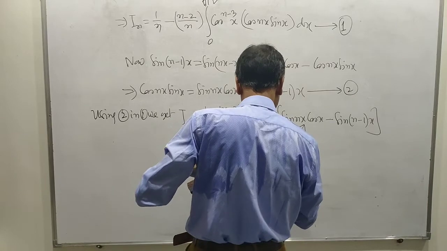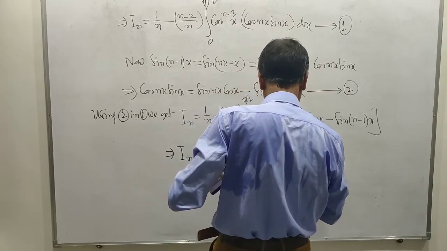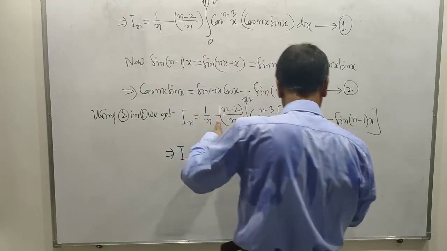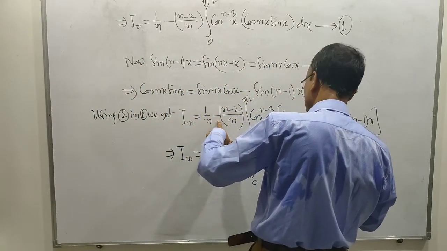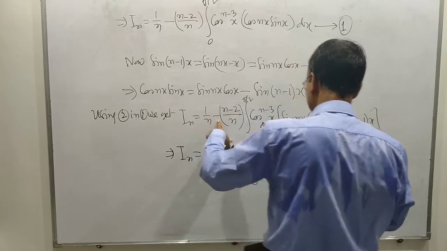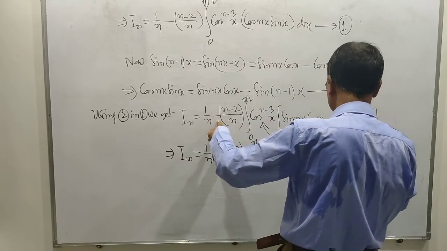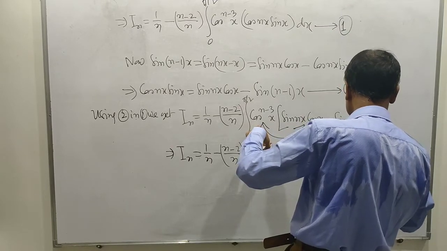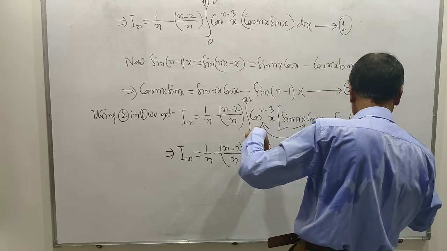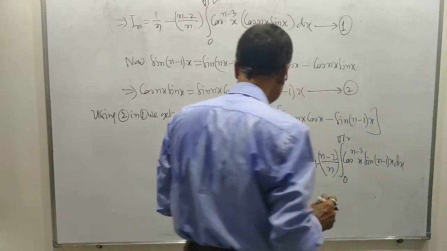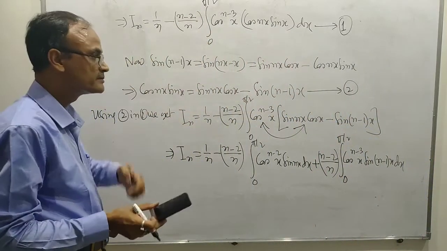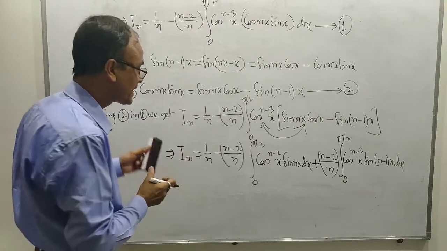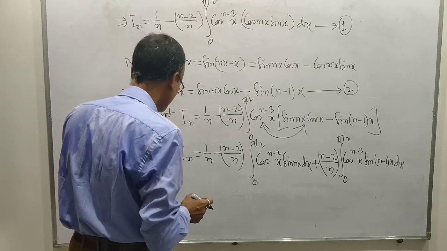Cos to the power n minus 2x into sin nx, plus n minus 2 divided by n, integral 0 to pi by 2, cos to the power n minus 3x sin n minus 1 x. Right? For I n, you may write like this also.